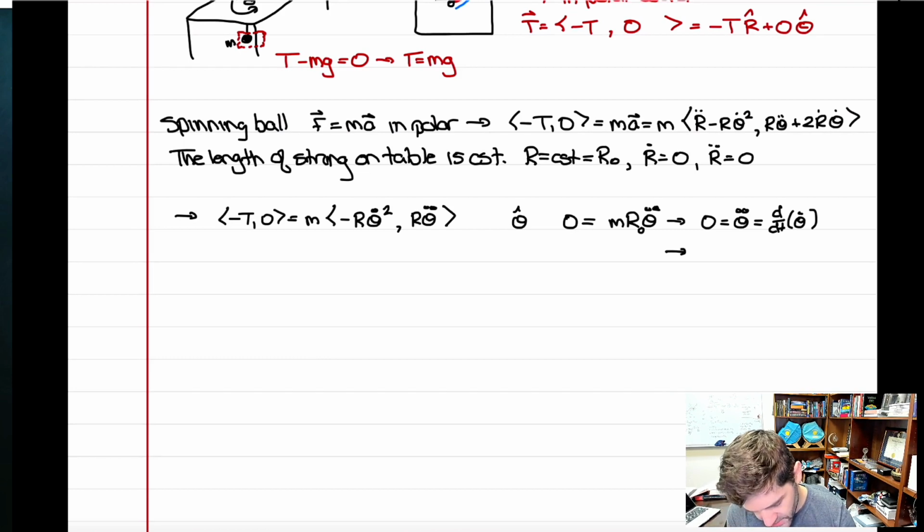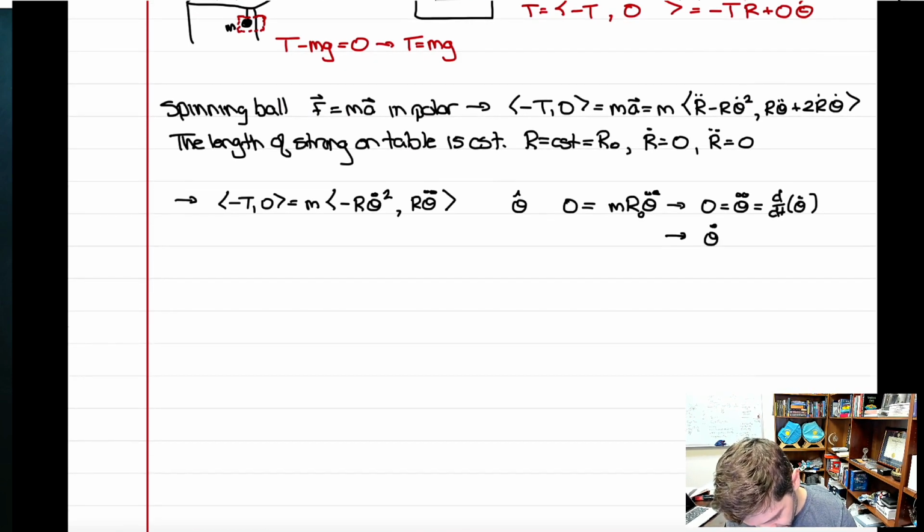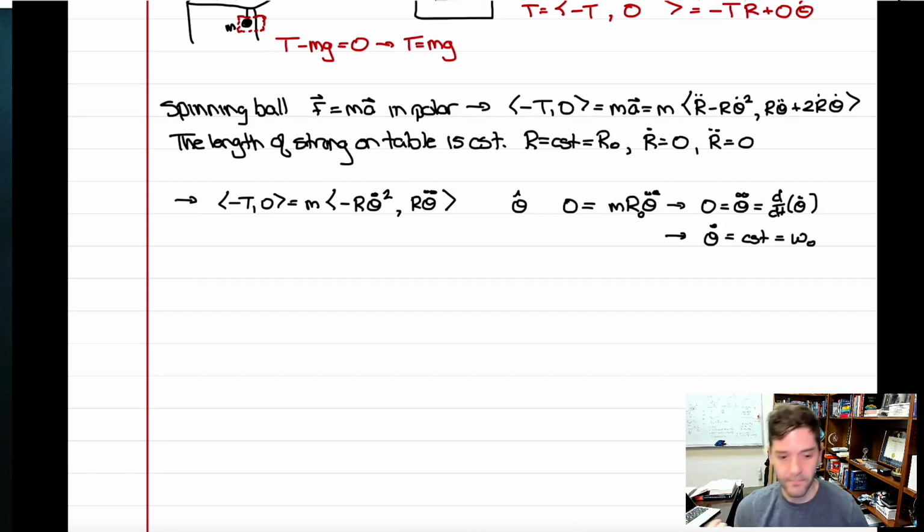So if the angular acceleration is 0, the angular velocity then is a constant. Maybe we'll call that omega naught. The angular velocity better be a constant in this case.